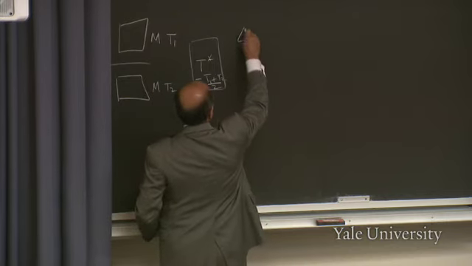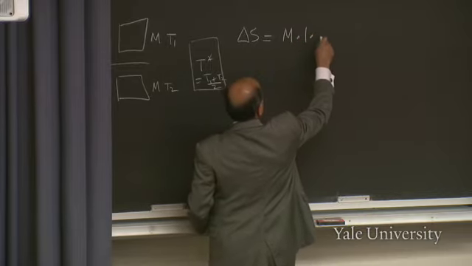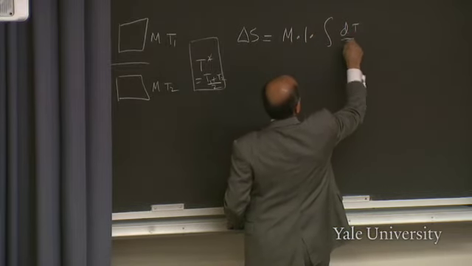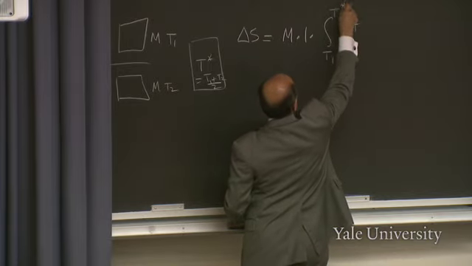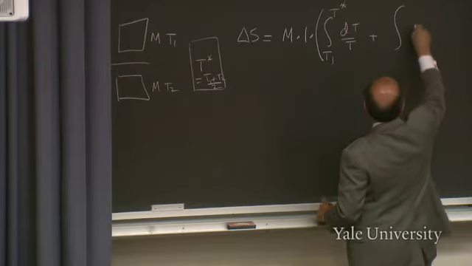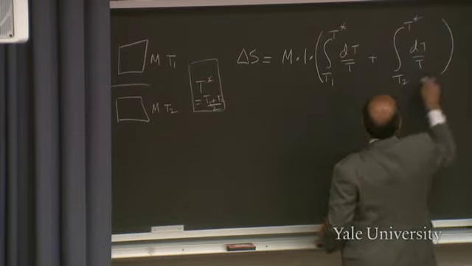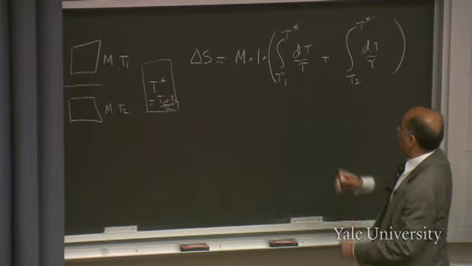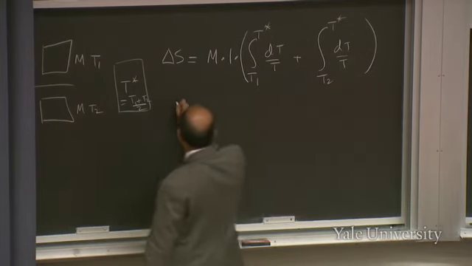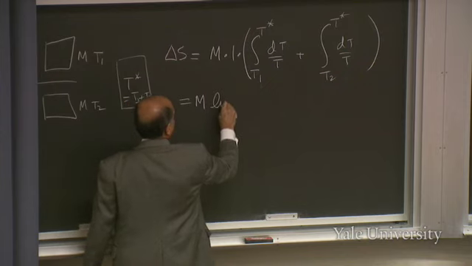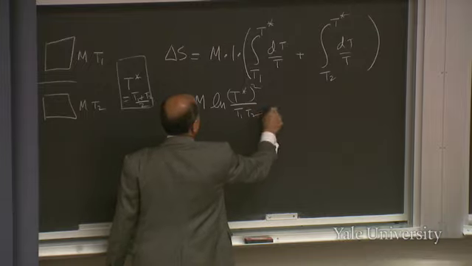Then the delta S total will be m, specific heat is 1, then dT over T, starting from T1 to T star for one thing, and dT over T from T2 to T star for the other one. You understand that? They both meet at T star. Upper limit is T star, lower one is T1 for one and T2 for the other. So the change in entropy becomes m log T star squared over T1 T2.